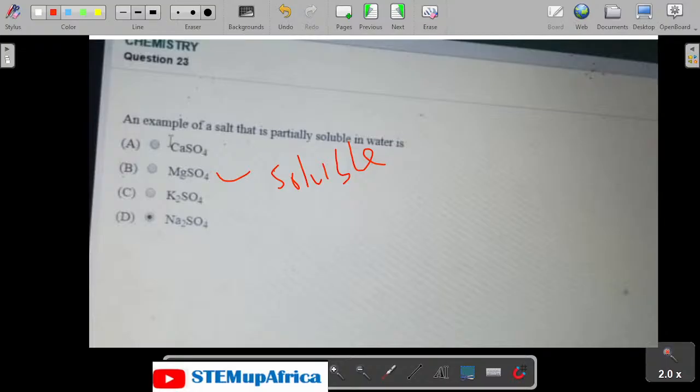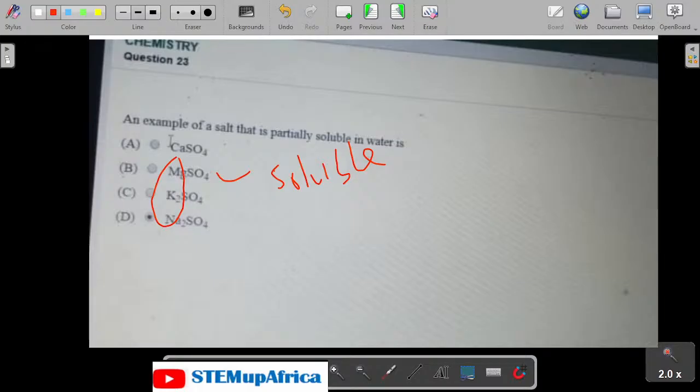So all these metals here, group 1 and group 2 metals, are soluble.